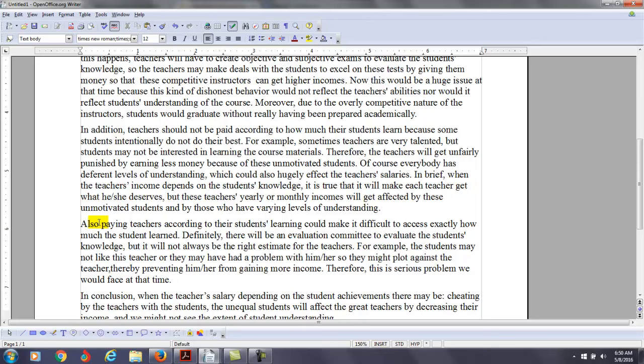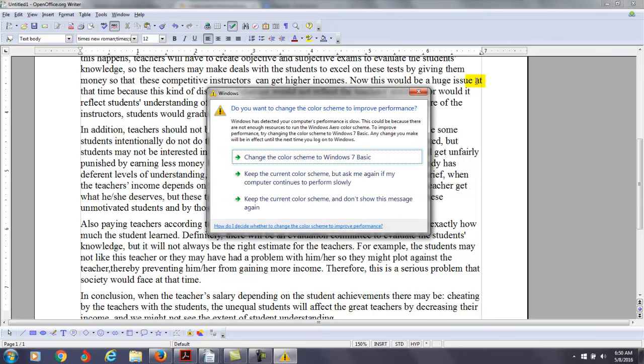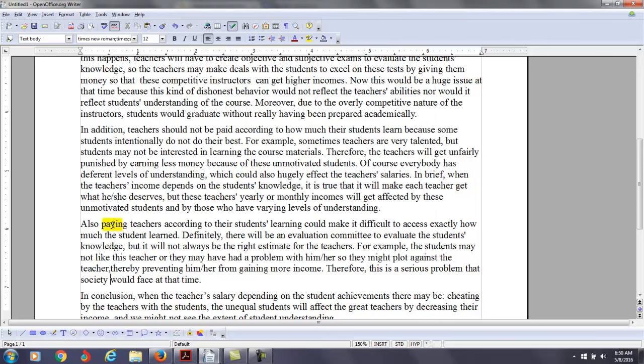So therefore this is a serious problem that I don't know who we is, so let's give it a more specific idea here. So you might say this is a serious problem that society would face at that time. So let's see if we have it.